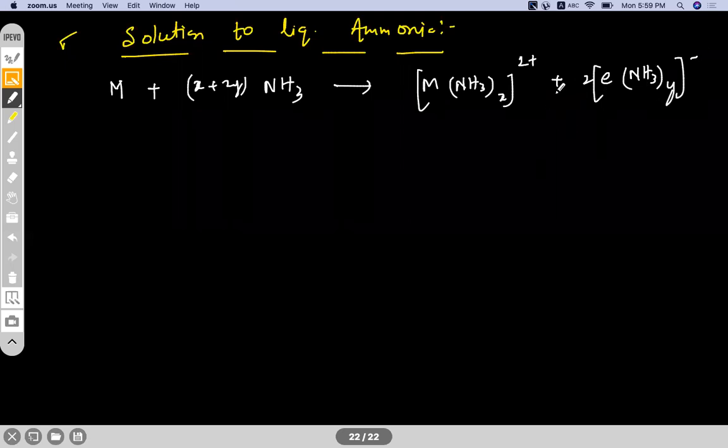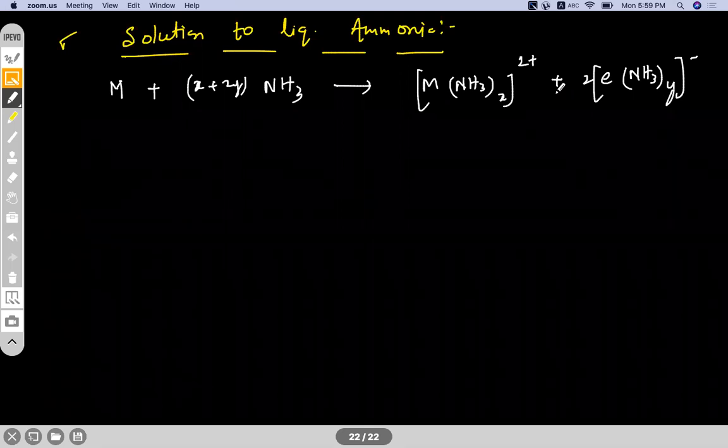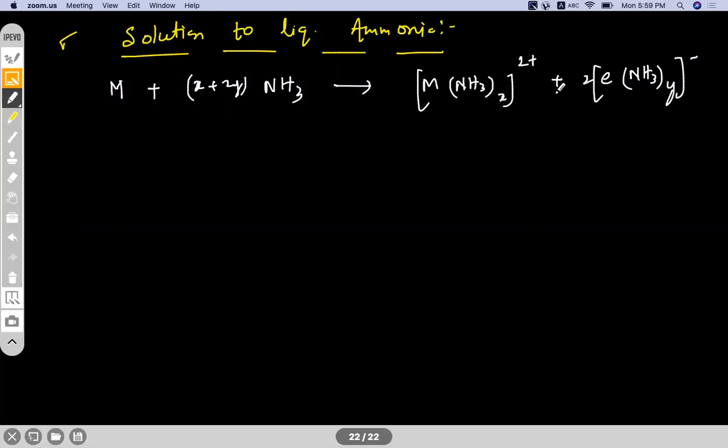Because of this only, it shows blue color. We have blue color solution and solvated electrons, same thing.